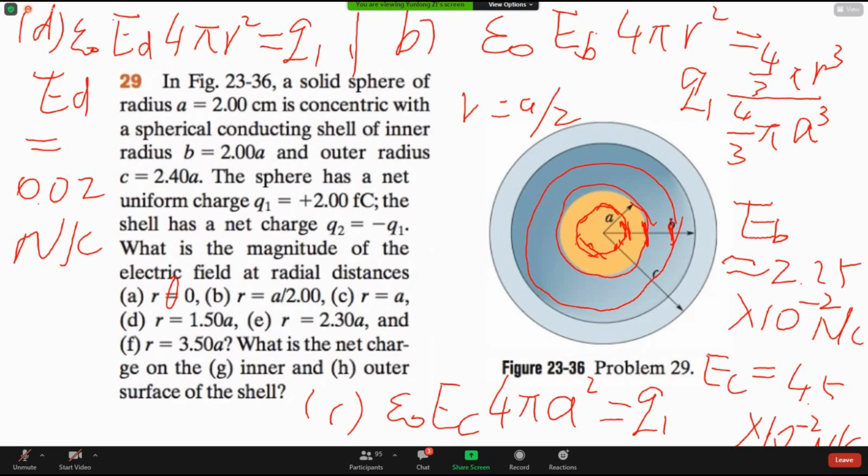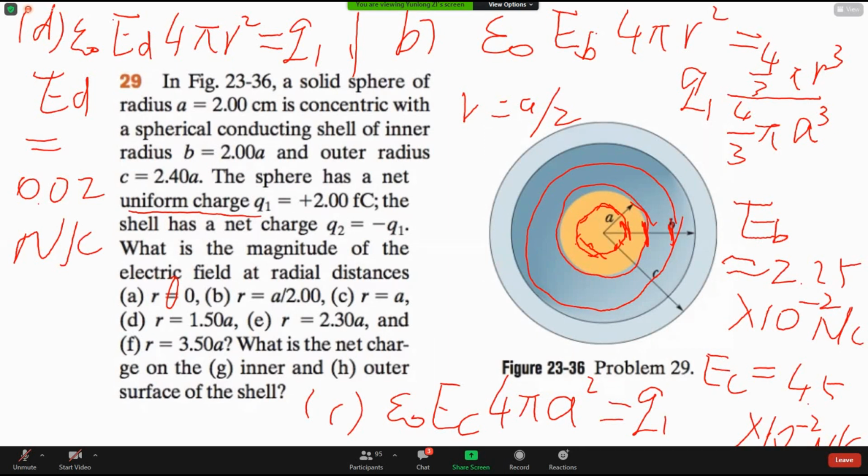Think about that, there are two cases. If it is conducting, EB is 0 and the internal charge is 0. If it's non-conducting, EB may not be 0. In this case, because the charge was uniformly distributed in the sphere, there is charge inside, so EB is not 0.